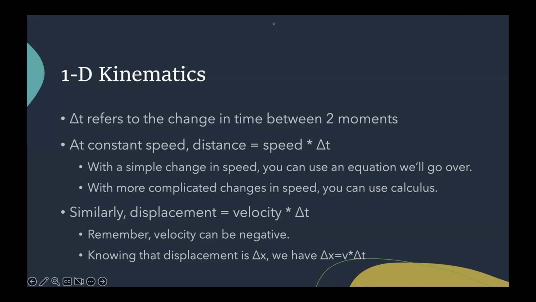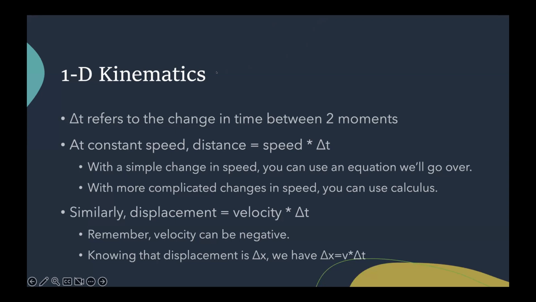Since speed and velocity are parallels, displacement is going to be average velocity times delta t. As mentioned earlier, if you have a negative velocity, you're going to have a negative displacement. That negative displacement just means the opposite of whatever direction you indicate, so negative 5 meters north is just 5 meters south.